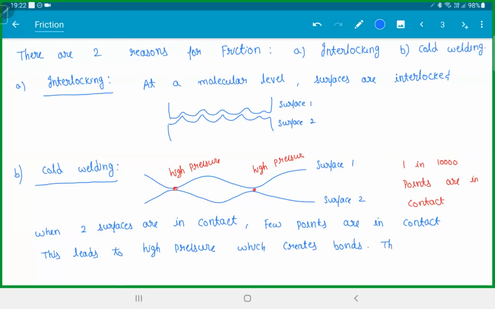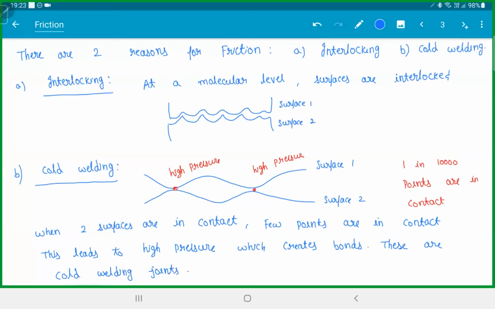So these are called cold welding joints. It's like you're joining two materials without welding. Welding is what we generally do when we heat it up and weld them. But here you're not heating it. That's why we call it cold welding. They are called cold welding joints.